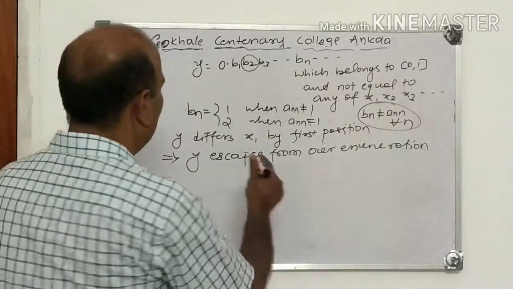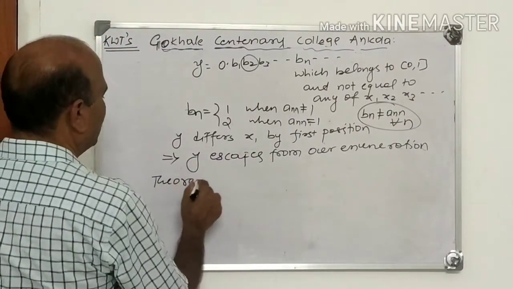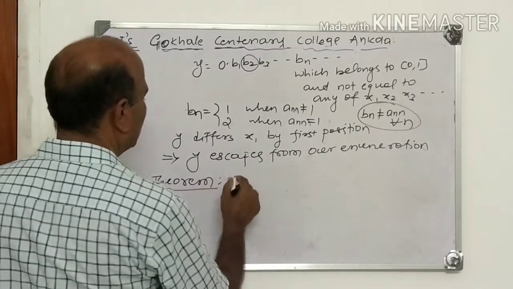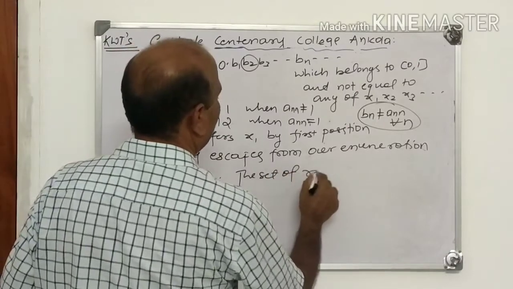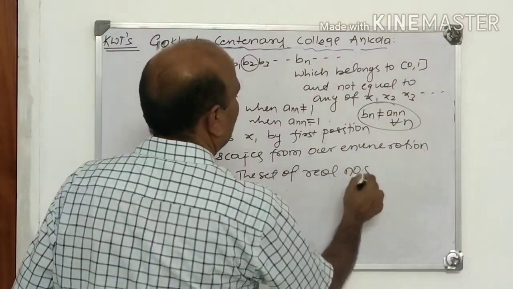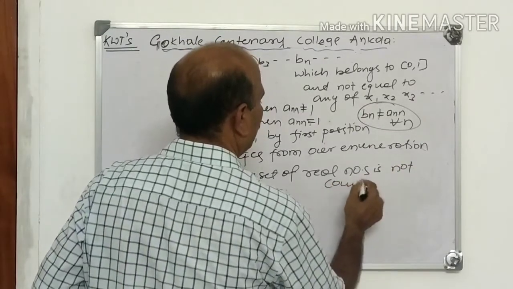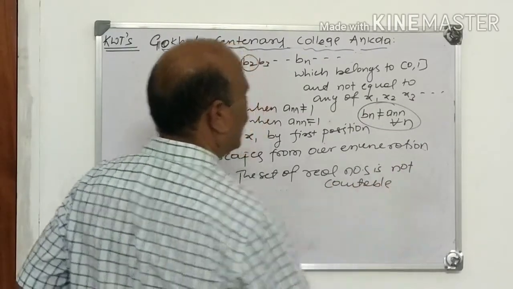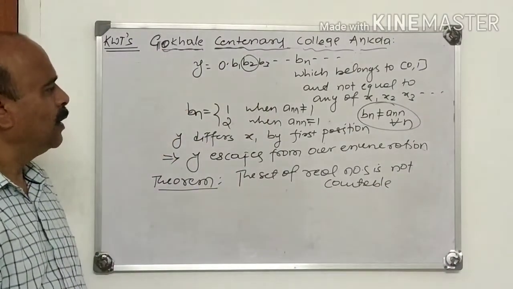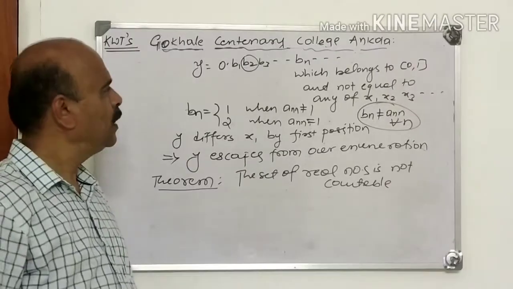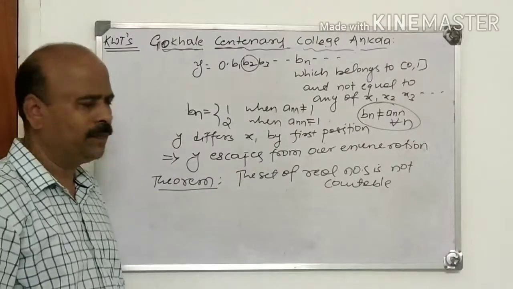Now this result is important because we prove two important theorems now. First is the set of real numbers is not countable. Set of the real numbers R is not countable. So far we have proved that the set of rationals is countable, N cross N is countable, and some results on countable sets.